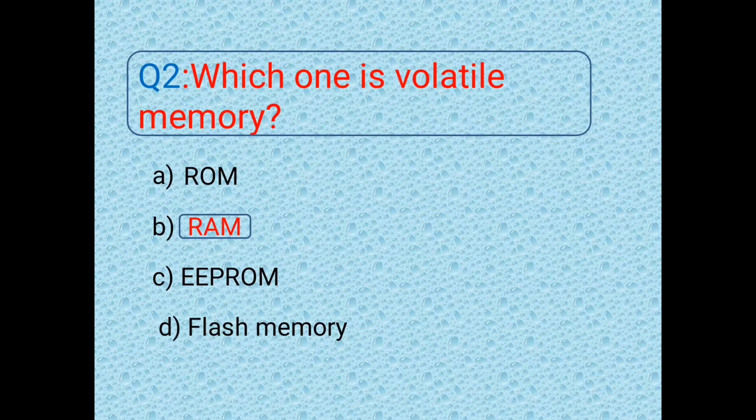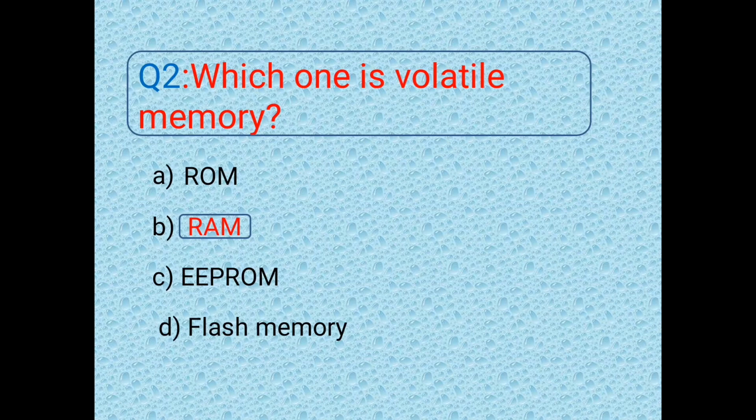Question number 2. Which one is volatile memory? A. ROM, B. RAM, C. EEPROM, and D. Flash memory. So what is volatile memory? Volatile memory is that memory which stores data only when the computer is switched on.